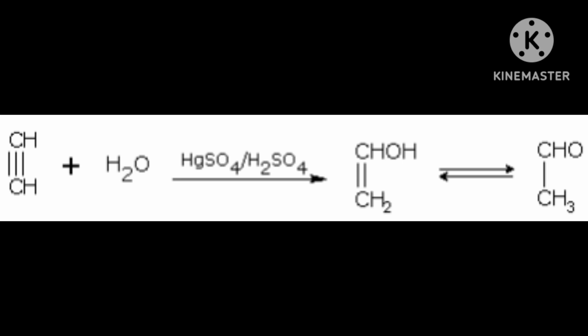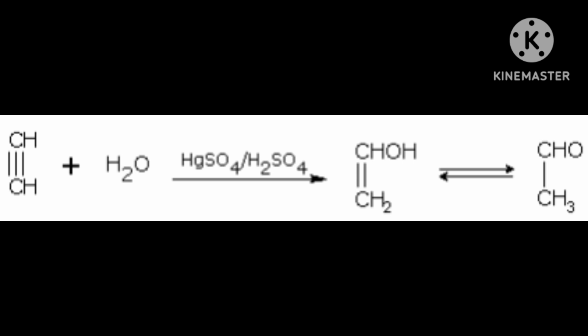Then it can form CH3CHO, meaning ethanal. You will get an aldehyde. After OH and H were added, there was a double bond, CH2 double bond, and one carbon with H and OH. I told you OH joined to one carbon and H went to the other carbon.